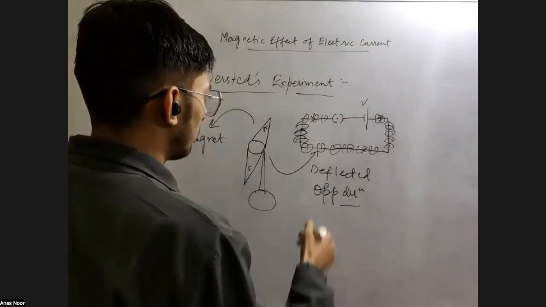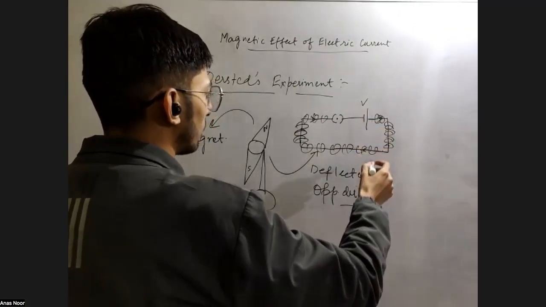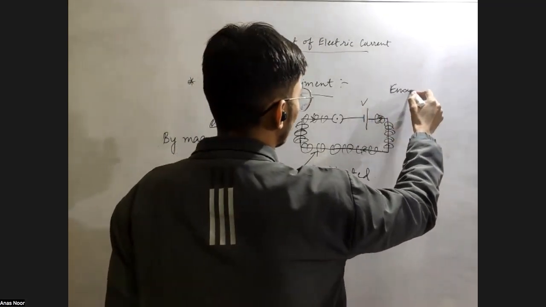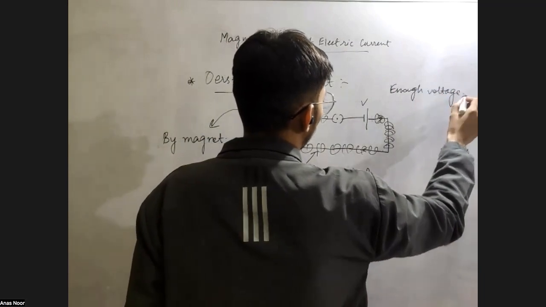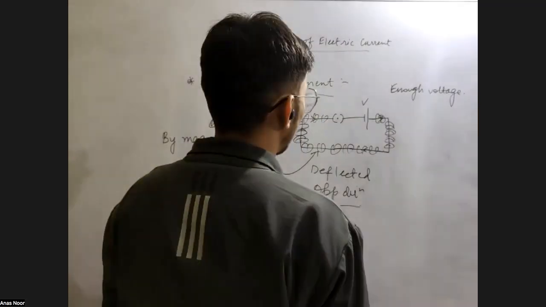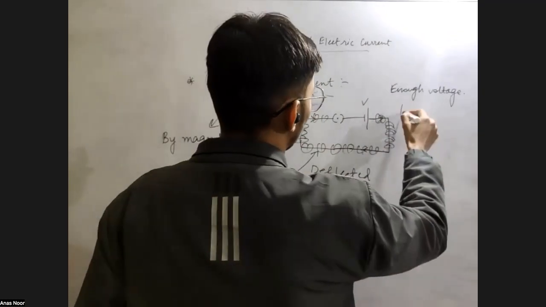You can also do this at your home. If you have a battery with enough voltage, not a 1.5 volt battery, you cannot do that because it's a very small voltage. Let's say it is a 12 volt battery or something like that.